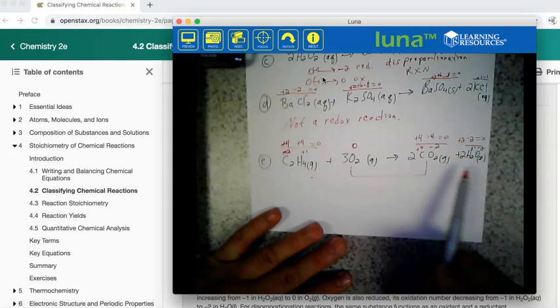So you're using your balanced chemical equation to convert moles of aluminum to moles of I2. It basically tells you how many moles of I2 you need, and then you can calculate the mass of I2 that you need. That would help you figure out how much mass to use so that you can actually do the reaction.